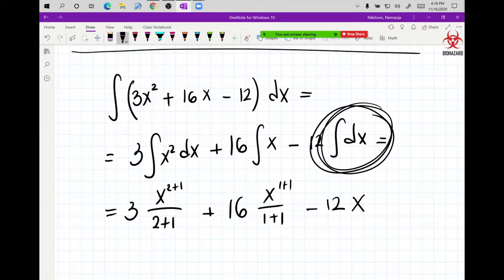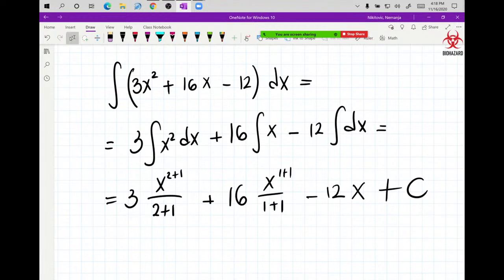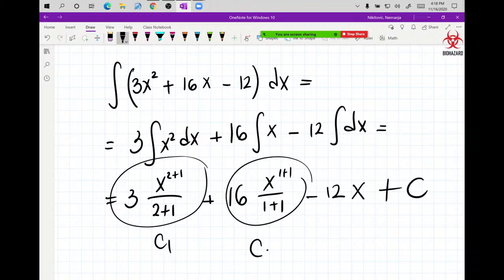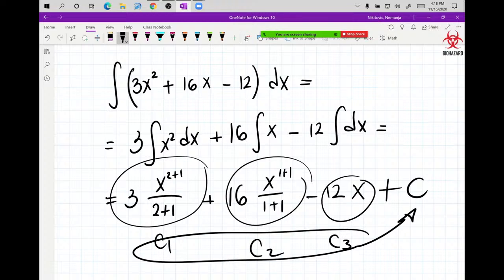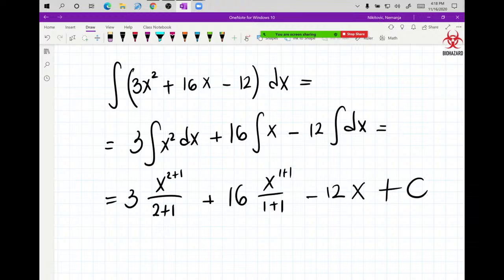And the answer is it's just x. Now I will explain that, and then we're going to have the plus big fat C, right? Think about it. If this produces C1, and this produces C2, and this produces C3, how about we just combine them all into a single plus C rather than being annoyed in every separate term, right?